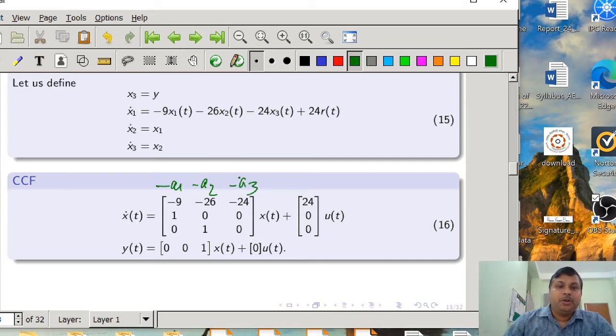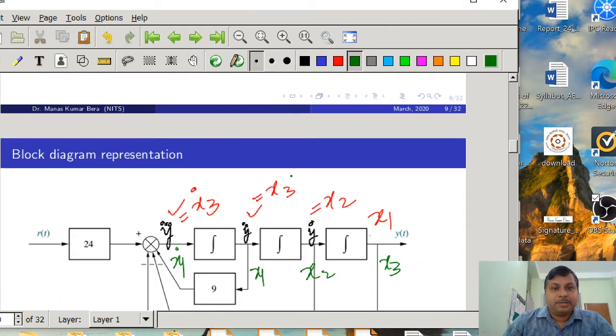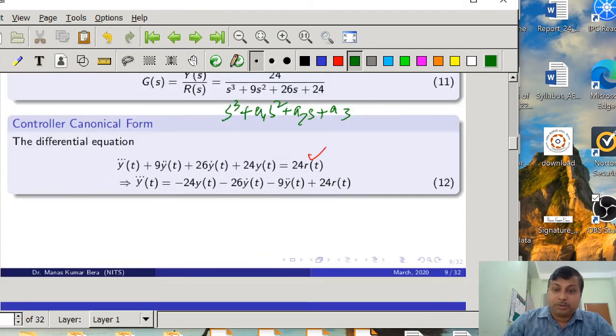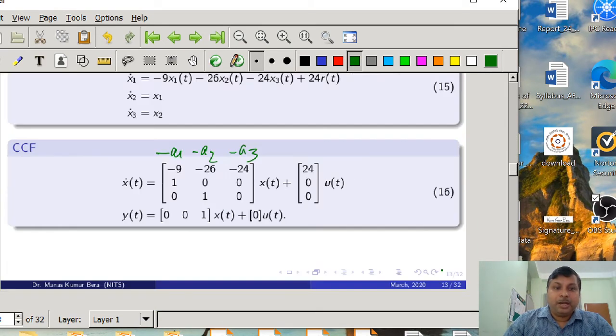So if you assume that this is s cube plus a1 s square plus a2 s plus a3, then you can see that it is minus a1, minus a2, minus a3. This also could be a representation in controller canonical form.